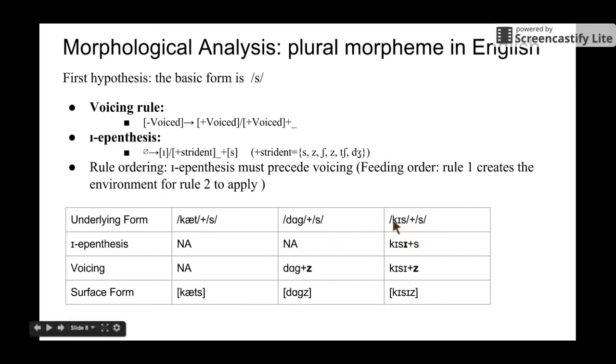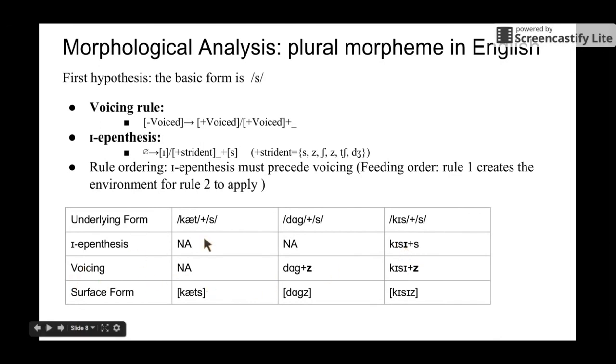And for the last one, kisses, this is a strident, and we have S, right? So this is the right environment for the epenthesis to apply. So we have an insertion of the E sound, okay?